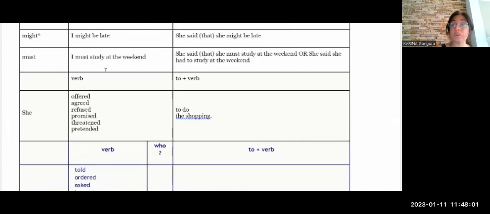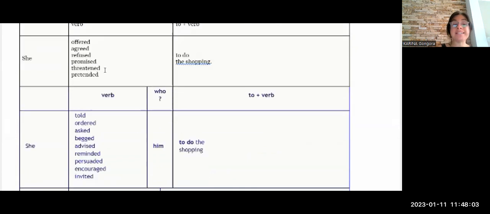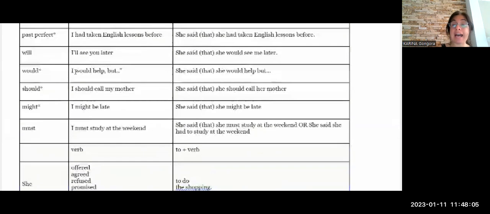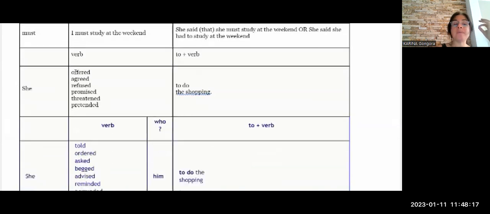But then you also have another problem, because sometimes instead of having asked, said or told, instead of the three main, simplest verbs, we have another thing that is the reporting verbs, right? Reporting verbs.